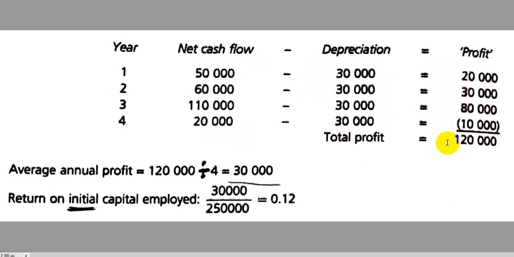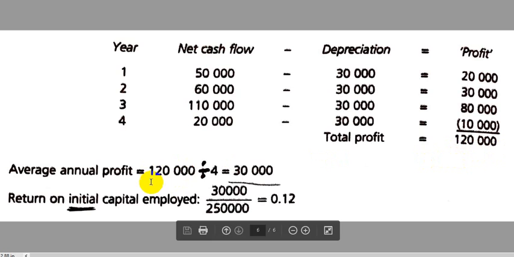And adding these numbers up, we get the total profit of 120,000. What we do with this amount, we divide it on the lifespan of the project, getting the average annual profit of 30,000.